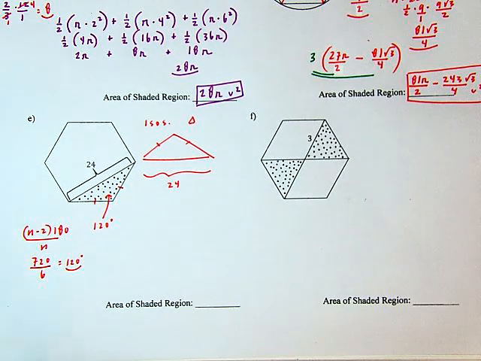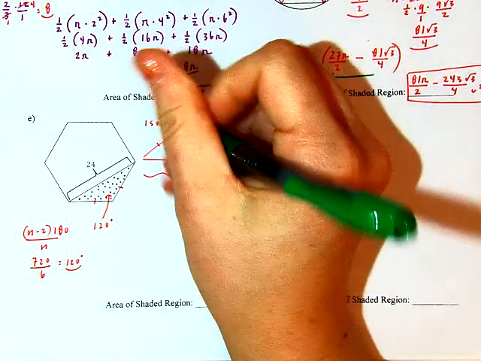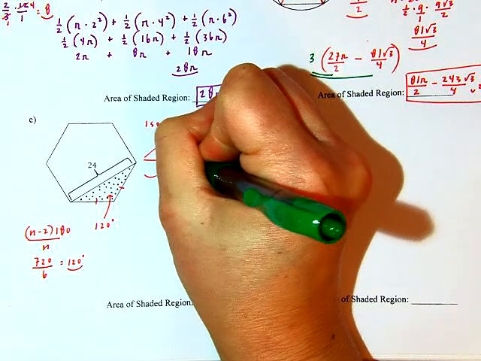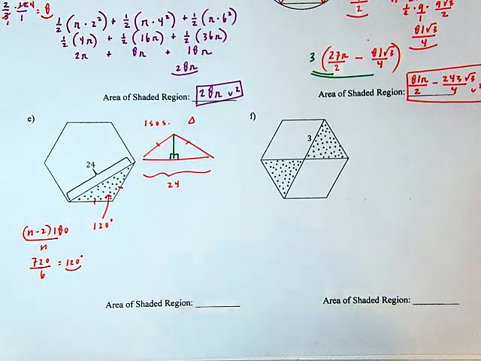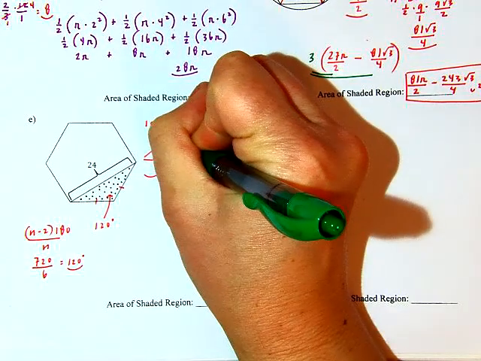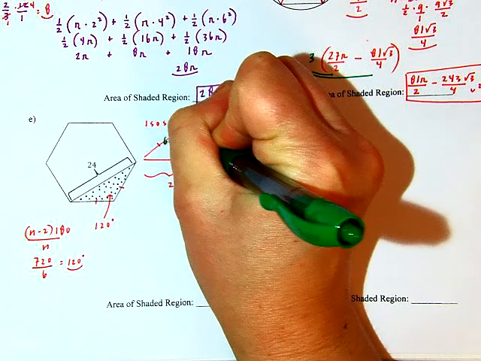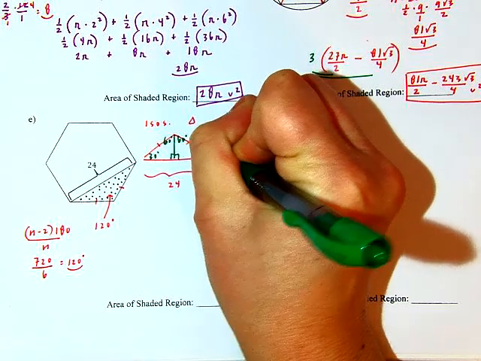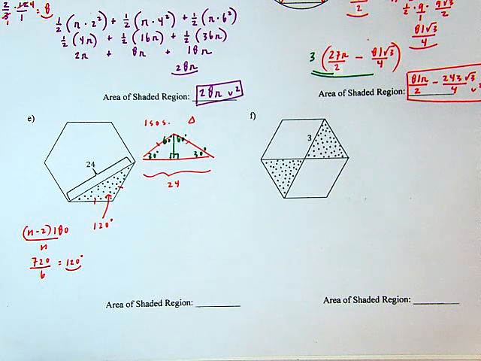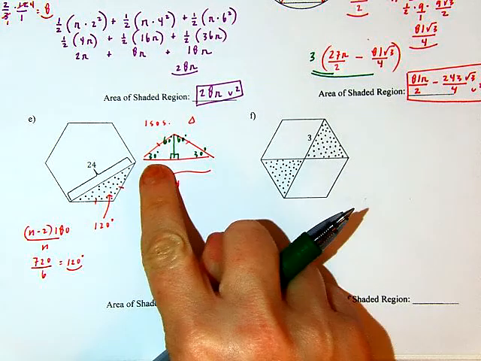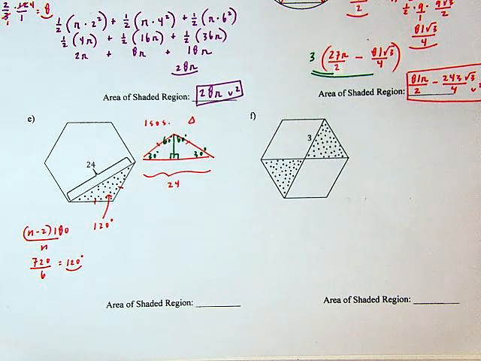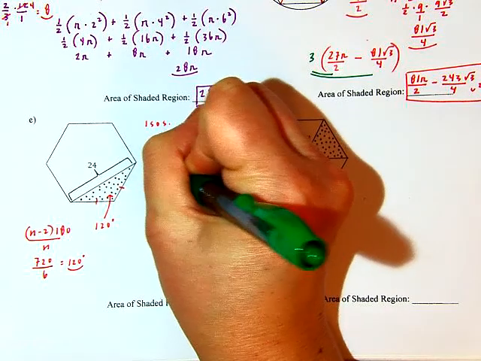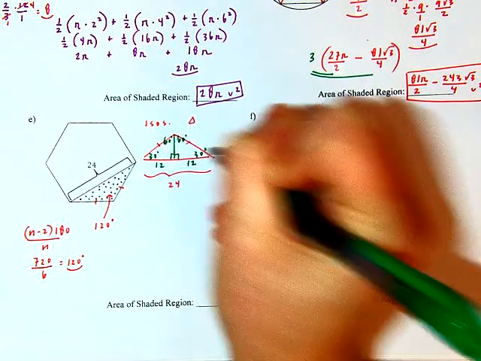Well, what happens when I split it down the middle and make those two right triangles? That 120 splits, so I see a 60 and 60, 30 and 30. Ooh, fancy, right? Makes a 30, 60, 90 triangle here and here. Okay, so now that 24 splits into 12 and 12.